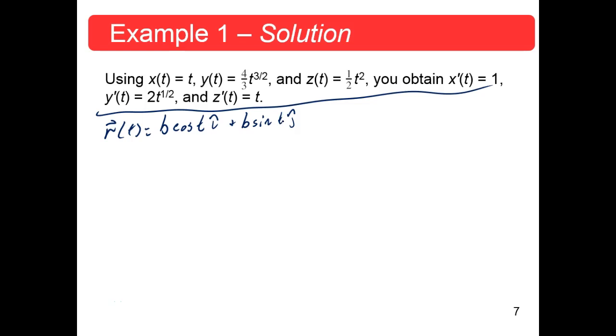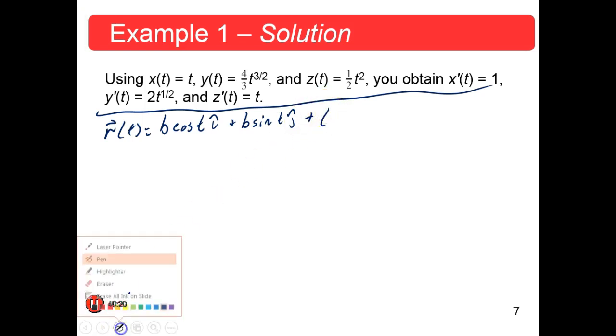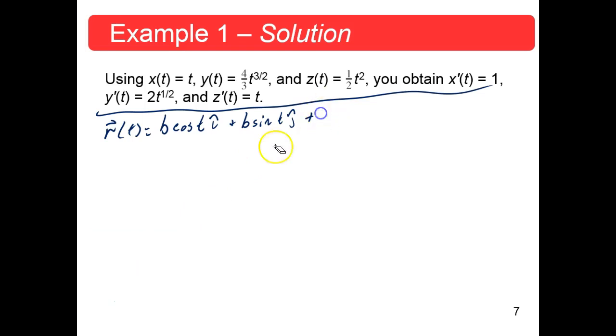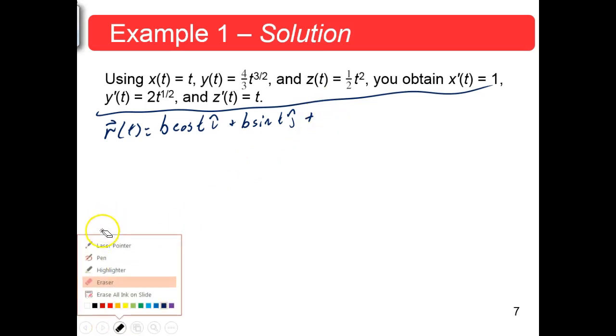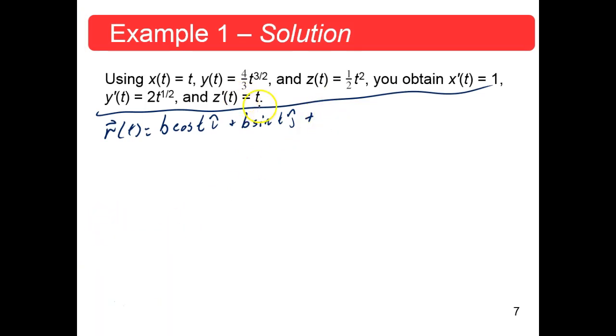plus the square root of 1 minus b squared t. Oops. Okay. The square root 1 minus b squared times k.